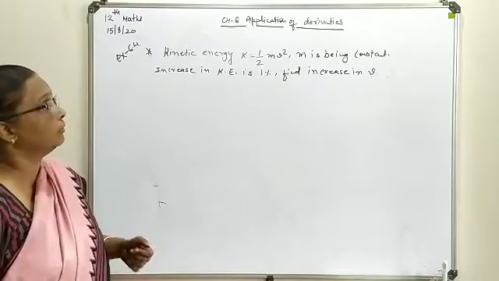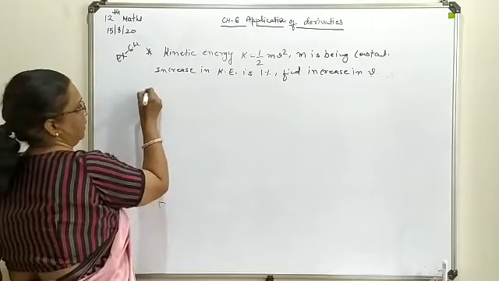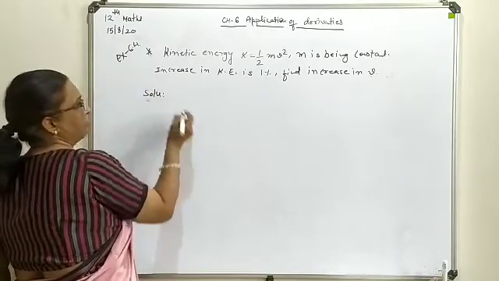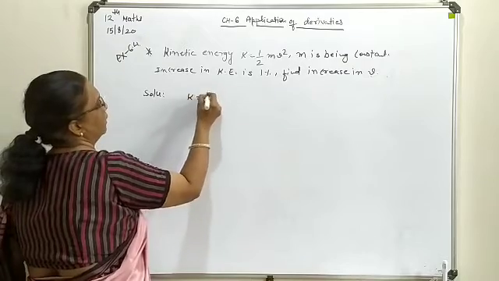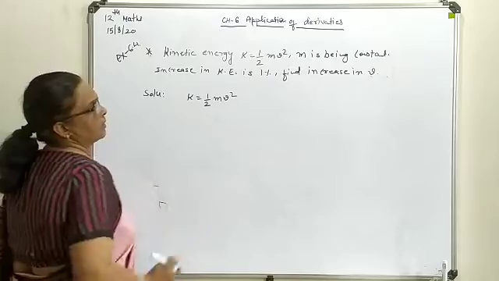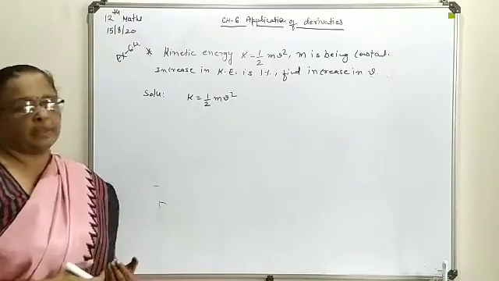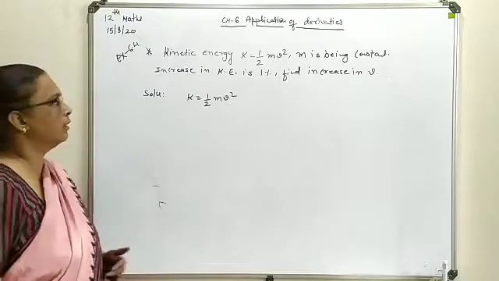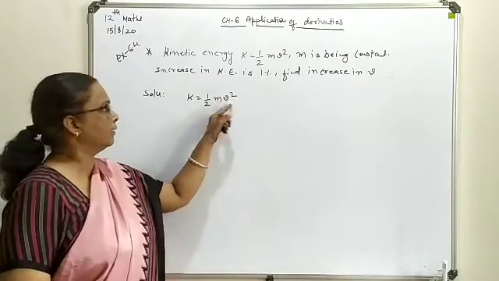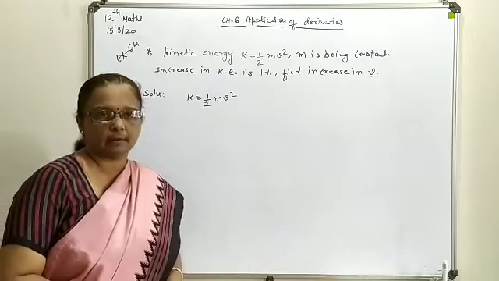So let's find the solution on the basis of this kinetic energy formula. Here K is half mv square. It is clearly given that m is constant, so there are only two parameters which depend on each other: the velocity, and because of the velocity the kinetic energy may increase or decrease.